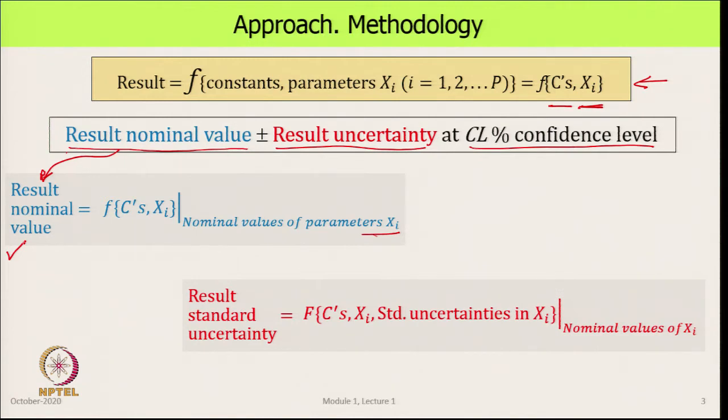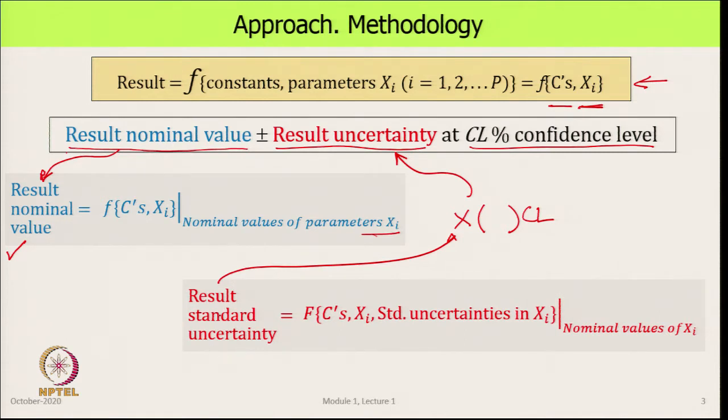In this course, we go one step further and say, now I have to establish the result uncertainty. For that, I will get the result standard uncertainty multiplied by some factor which depends on the confidence level, and that will give us the result uncertainty. So, what we have to calculate is the result standard uncertainty.